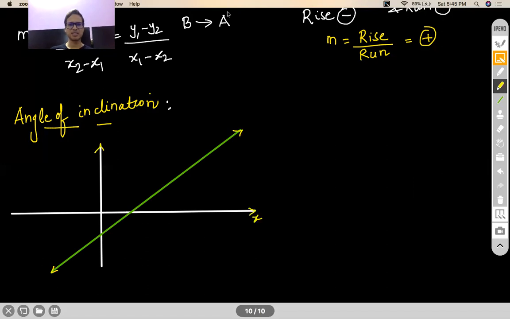Advik says it is the angle that the line makes with the positive direction of x-axis. Okay, so can I say this is my angle of inclination? Advik, can I say theta is my angle of inclination? Advik is saying no. Hariharan is saying yes, why not?